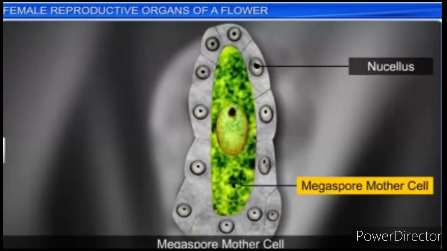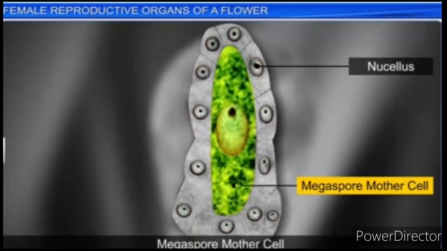This megaspore is formed inside the nucellus. Normally, an ovule has a single embryo sac formed from a megaspore through reduction division, another name for meiosis.